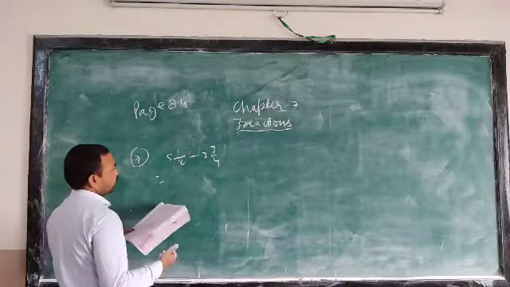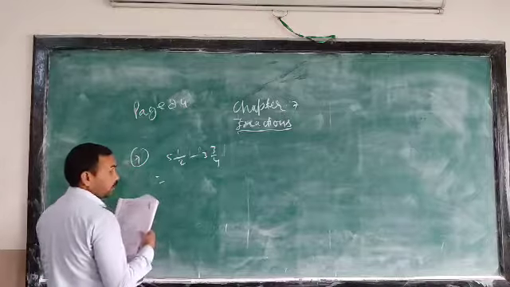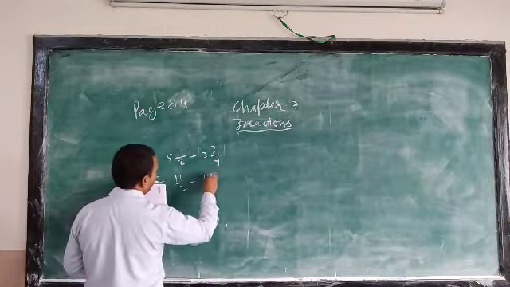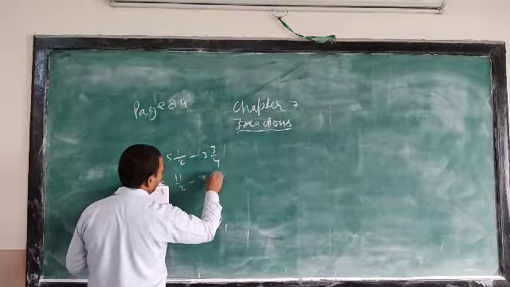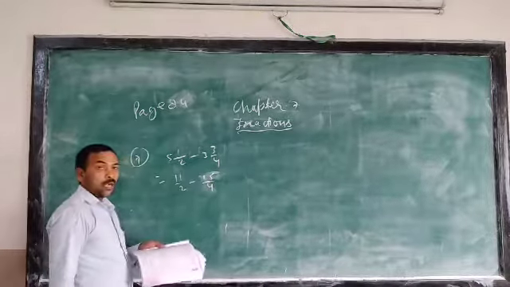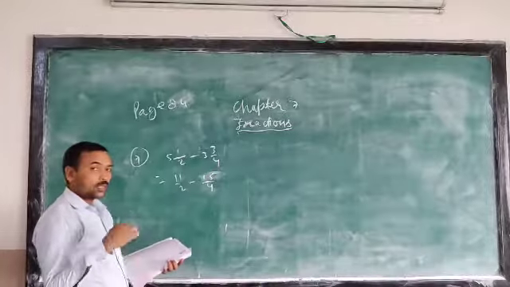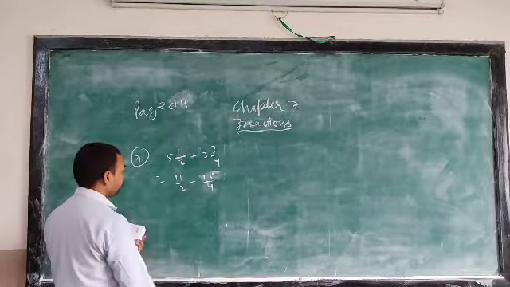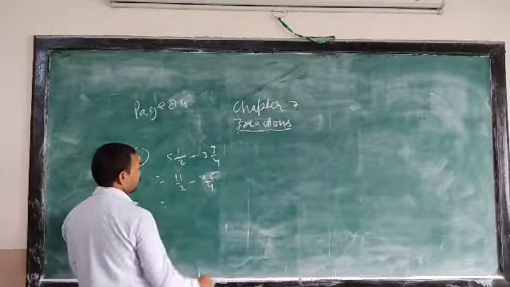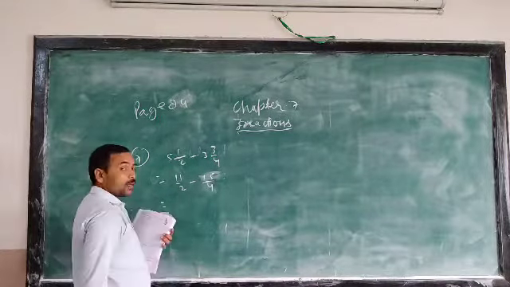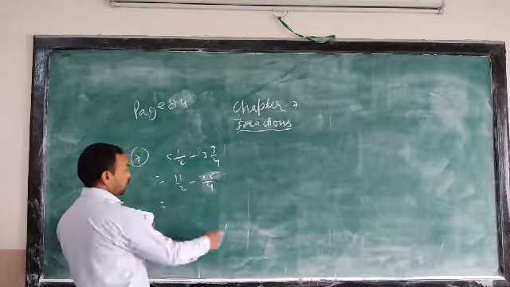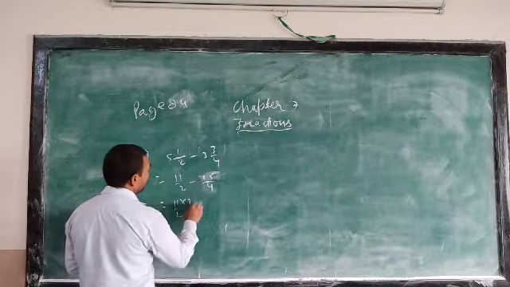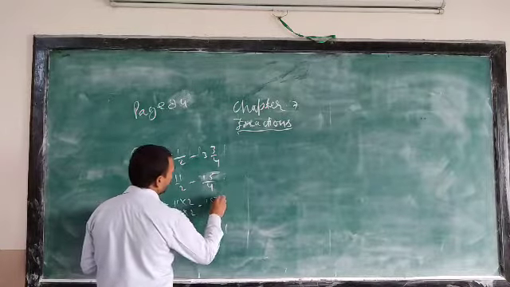So how to subtract? First convert it into an improper fraction: 5 times 2 plus 1 is 11 by 2, and 15 by 4. I have already told you subtraction of fractions is just like addition. In the place of addition we will put minus. The LCM of 2 and 4 is 4. So 11 by 2 multiplied by 2 minus 15 by 4.